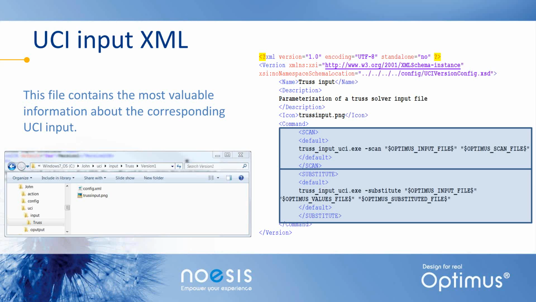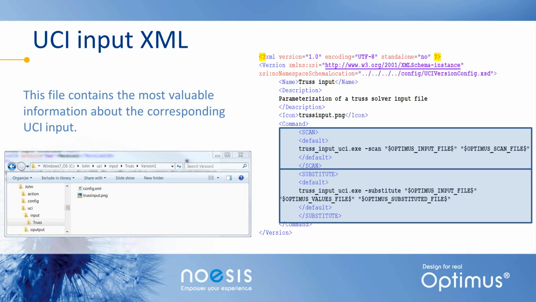The scan is what we need to call anytime in the graphical user interface we load the input file that is not well formatted, and we want to load it in a graphical user interface listing all the available parameters.